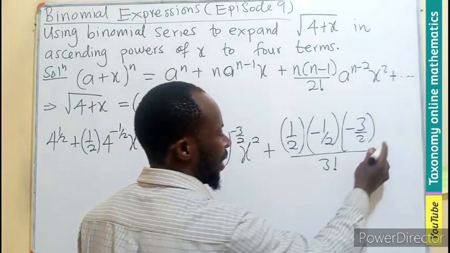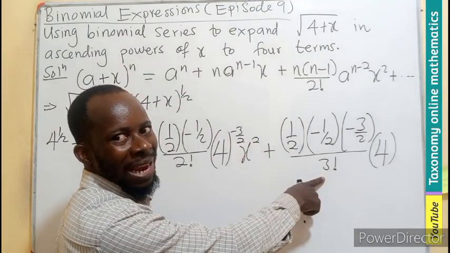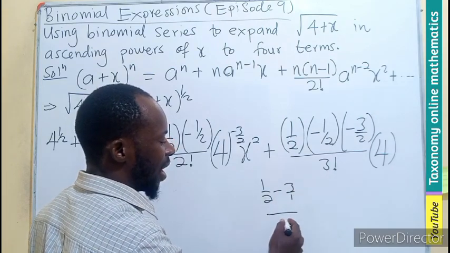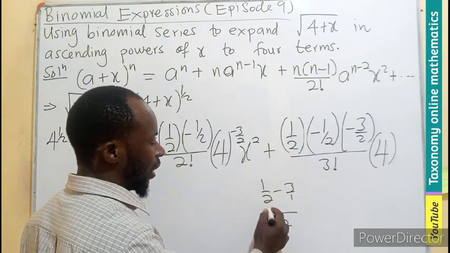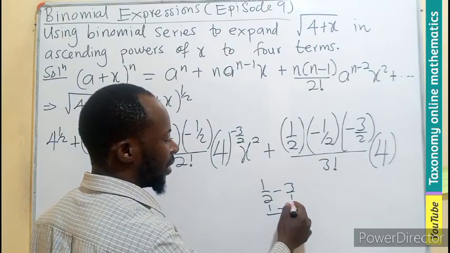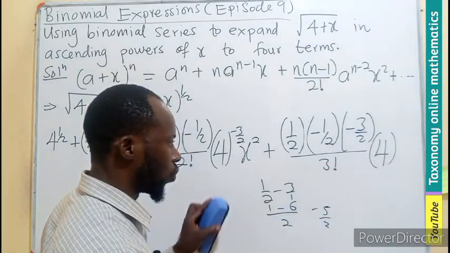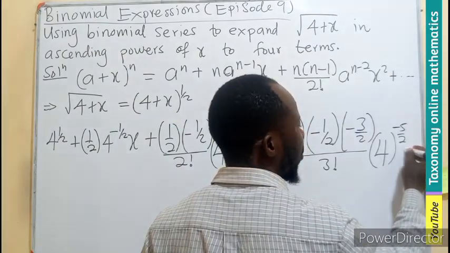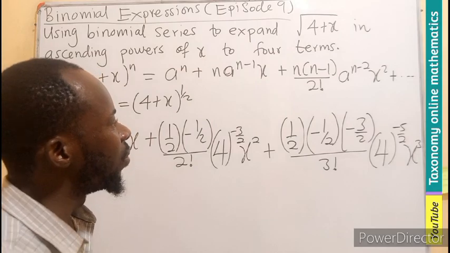Then 4 to the power n minus 3, meaning half minus 3. Taking the LCM of 2, 2 goes there. 1 times 1, 1. 1 into 2, 2 times 3, 6. 1 minus 6 will be negative 5 on 2. So that is our power, negative 5 on 2, multiplying x to the power 3, plus the rest of the terms until we get to the last.